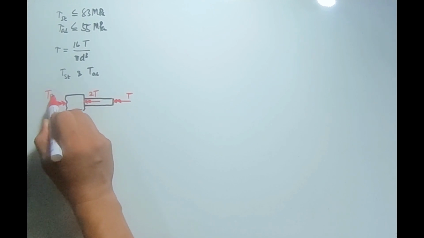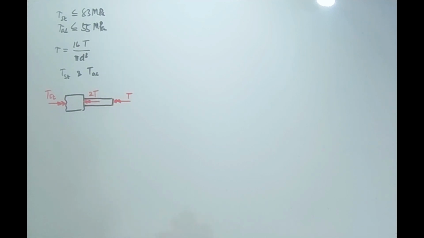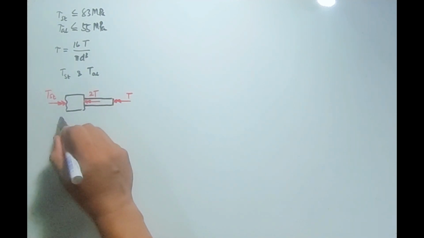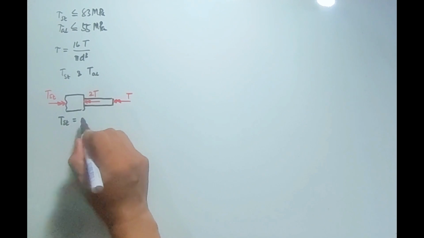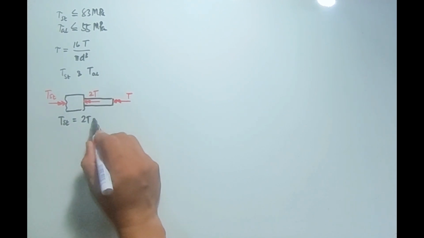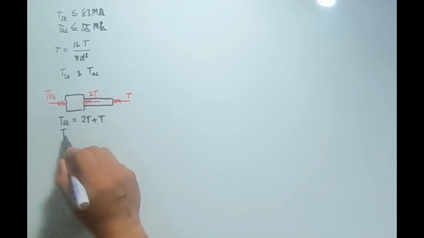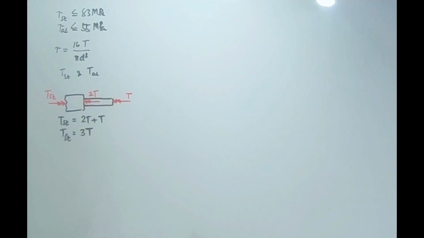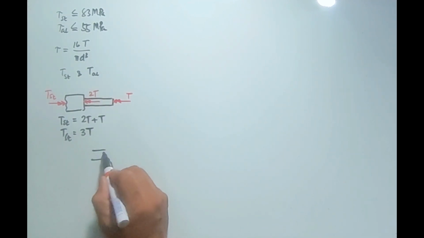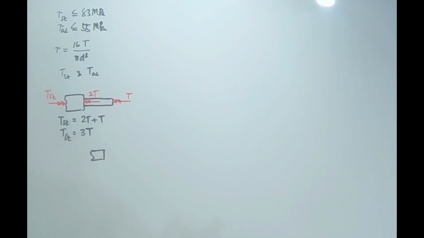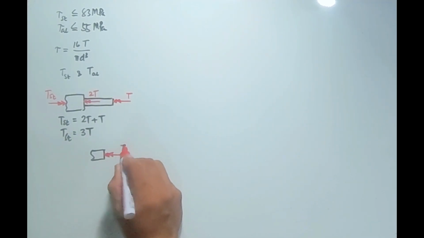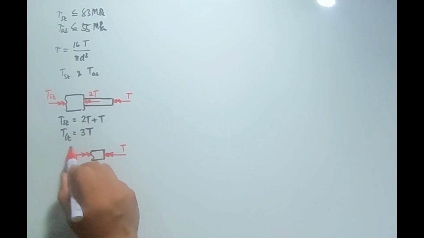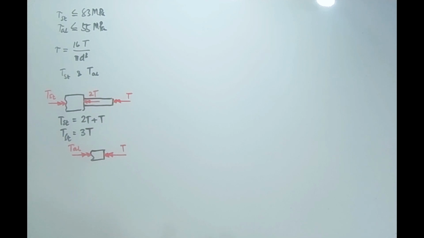We call that T sub ST. And for equilibrium, T sub ST is just equal to 2T plus T, or T sub ST is 3T. And then for the aluminum, we cut a section in the aluminum segment. So we only have T here as the external torque, and the resisting torque is T sub AL. And for equilibrium, again, T sub AL is equal to T.